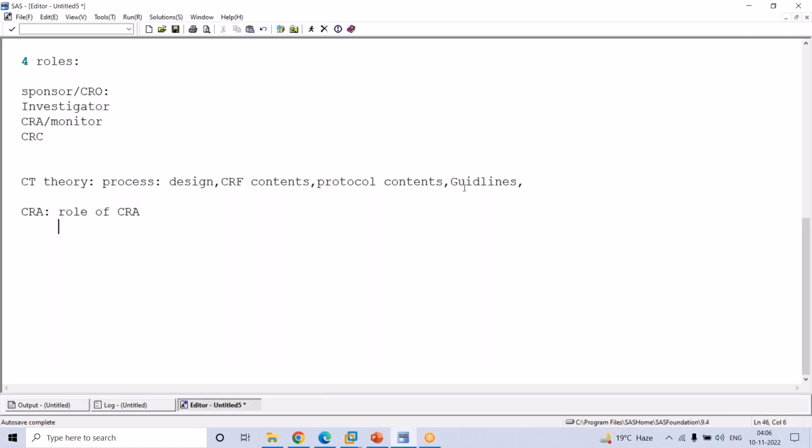During the monitoring visit, they prepare the monitoring report, so what exactly are the contents of the monitoring report? The role of the CRA, including all the visits: what exactly they do in all the 4 types of visits.